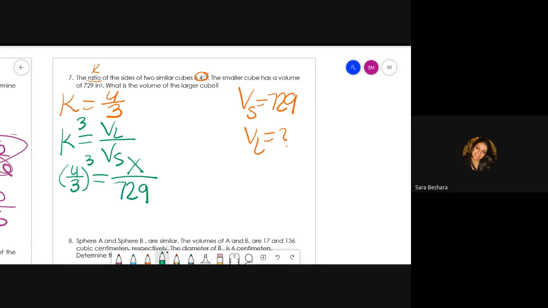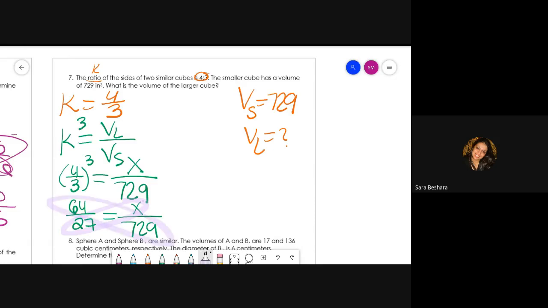Because X is on the top, we multiply these two. You may want to find the 4/3 cube first, and the way I would do this is I would cube the 4 and cube the 3. So I get 64 over 27 equal to X over 729. If you don't have a calculator, we can cross multiply here.